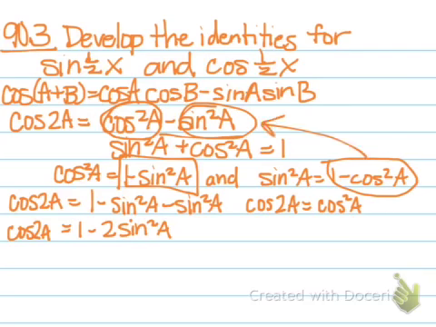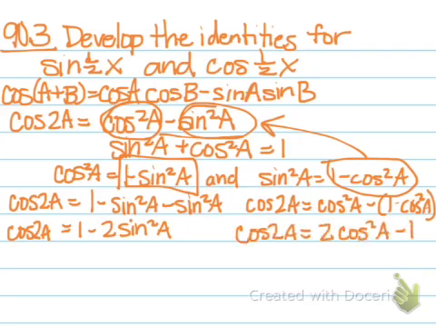So we end up with cosine 2A is equal to cosine squared A minus 1 minus cosine squared A. So from here, we are going to simplify that, and we end up with 2 cosine squared A minus 1, because you have a double negative there. So we have two different equations that are both equal to cosine 2A.